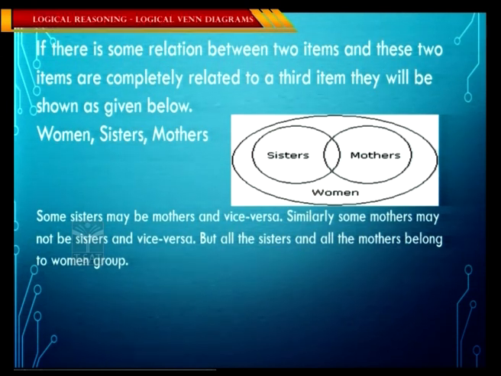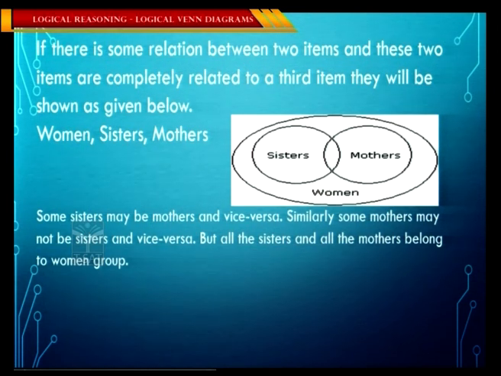Here some sisters may be mothers, and some mothers may be sisters. There is a common part between sisters and mothers; they are not totally disjoint. When you represent them with sets, some part is common for the sisters and mothers, but basically these two are women.